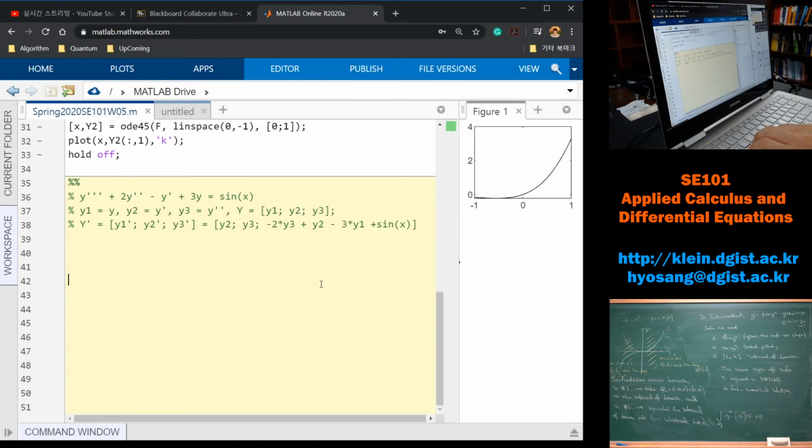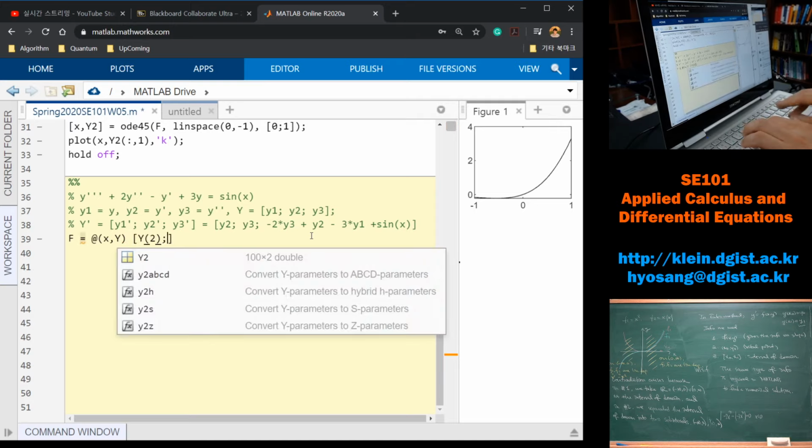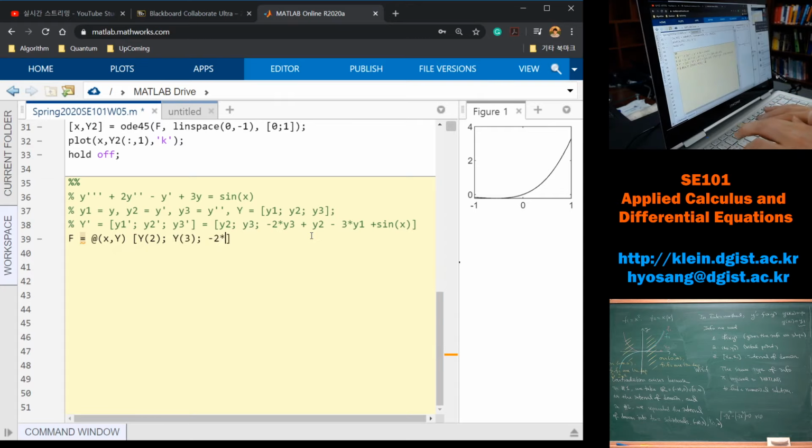Now you can set your function of two variables. Now y is a vector variable: y2, y3, and minus 2 times y3 plus y2 minus 3 times y1 plus sine x.